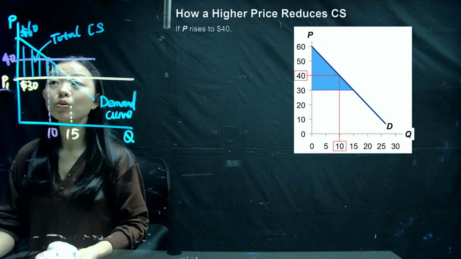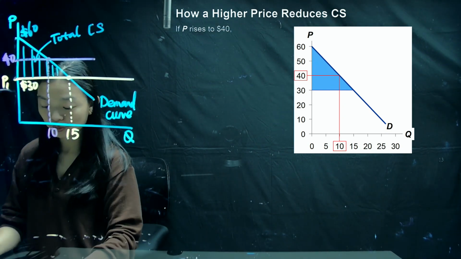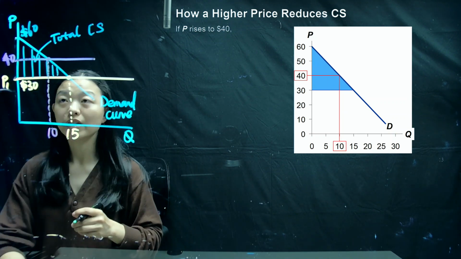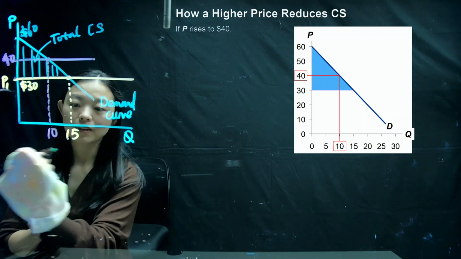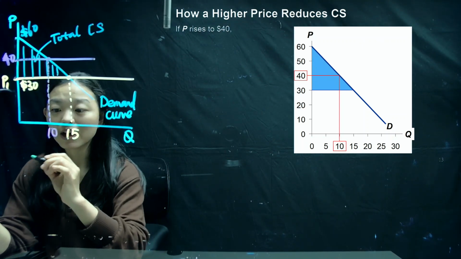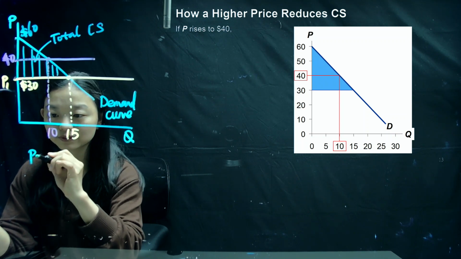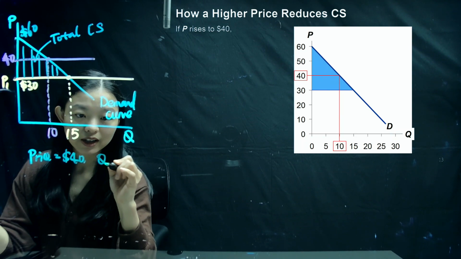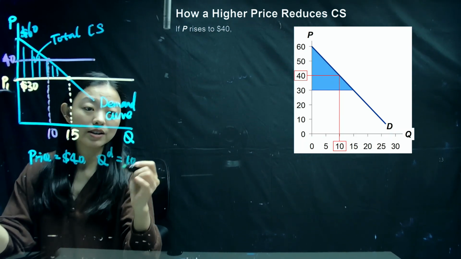So what's the new total consumer surplus based on this new market price? If now the market price equals $40, we have the quantity demanded equal to 10 units, right?